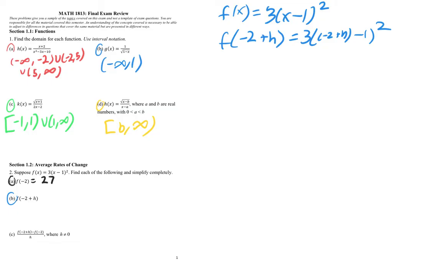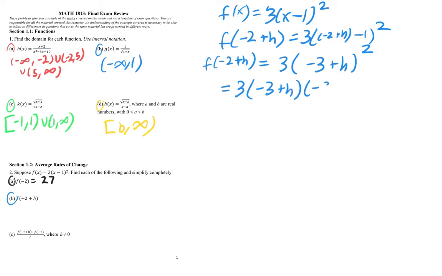So if we simplify this down, we're going to have f of -2 plus h is equal to 3 times -3 plus h squared. So now we have 3 times, that square makes it -3 plus h times -3 plus h, that 3 being multiplied to all of it.